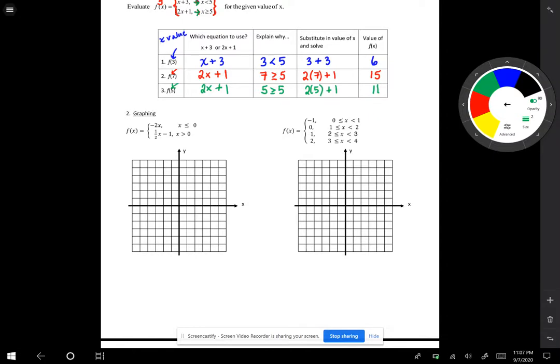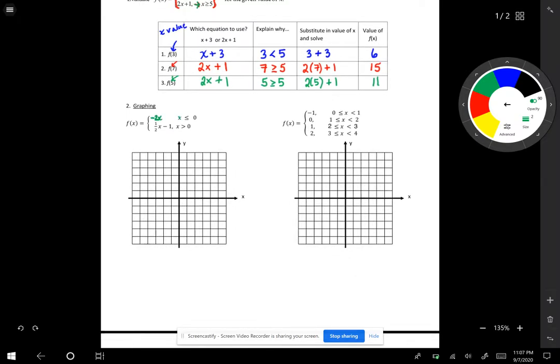Now we're going to graph a piecewise function. So graphing it's the same way. You're going to have two graphs in one. So if you look at this particular one, f of x is equal to negative 2x, or f of x is equal to 1/2 x minus 1. Now it's equal to negative 2x when x is less than or equal to 0.